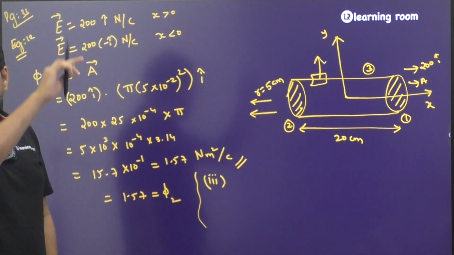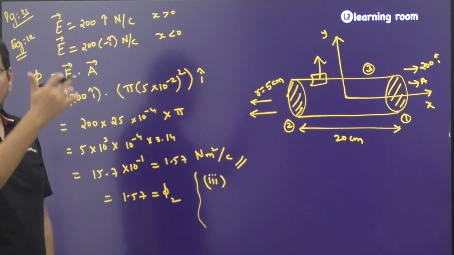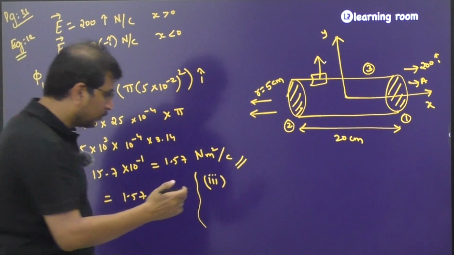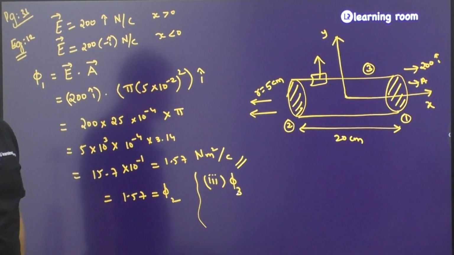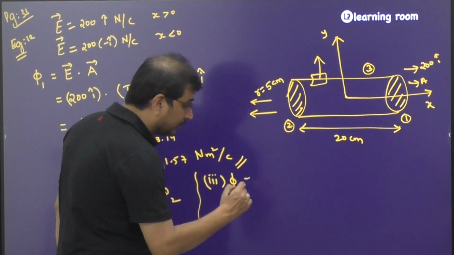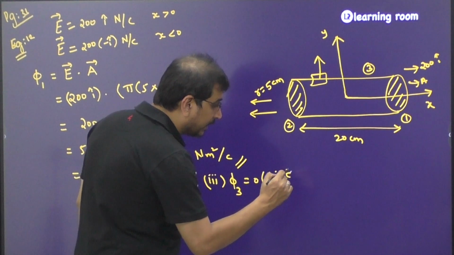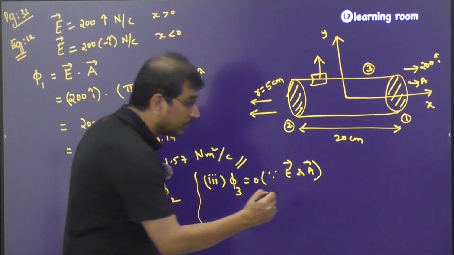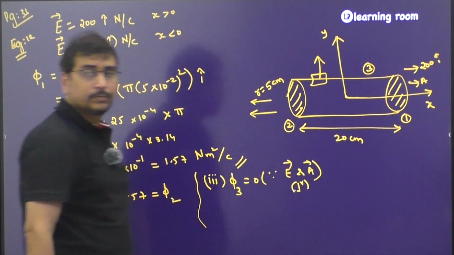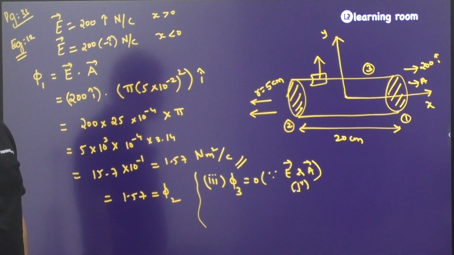The electric field and area vector are perpendicular to each other. So the flux through the third surface is 0, since cos 90 is 0.